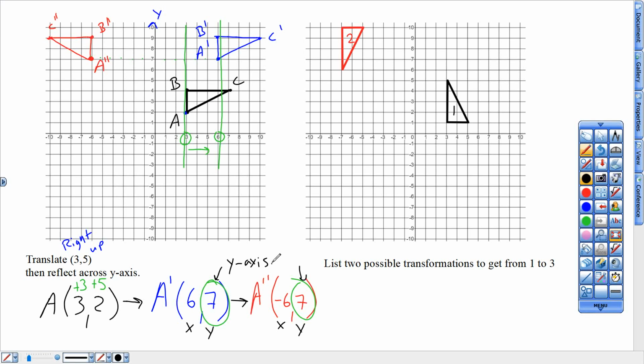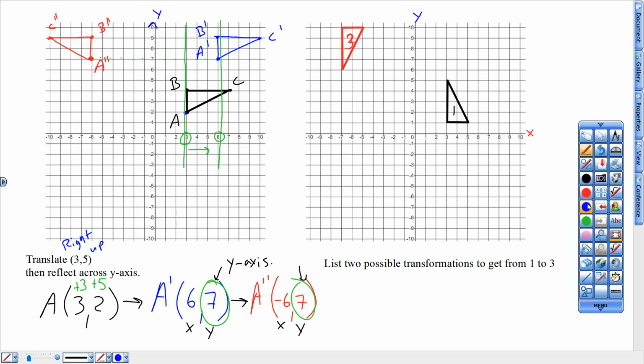The next problem is having you take a look and figure out your transformations from 1 to this triangle up here, which is really going to be triangle 3. So the way to do this, and by the way, the second word is fish, fish. The way to do this is first reflect over a y-axis or an x-axis first, just to see what you got.